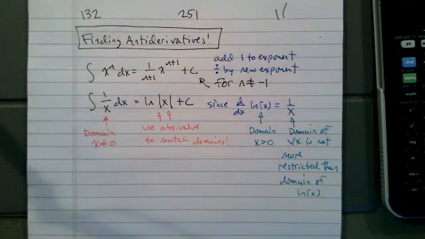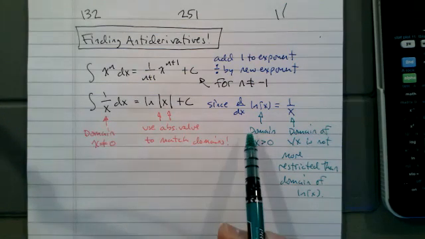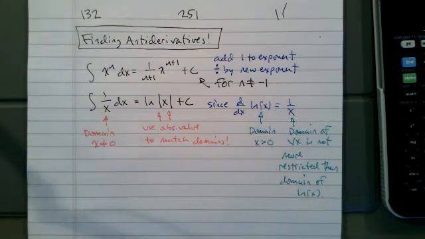The domain of 1 over x is not more restricted than the domain of natural log of x, so we didn't really worry about anything there. Although the derivative of the natural log of absolute value of x is also equal to 1 over x.